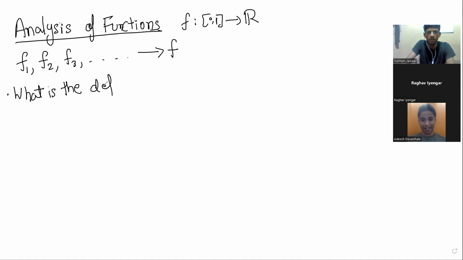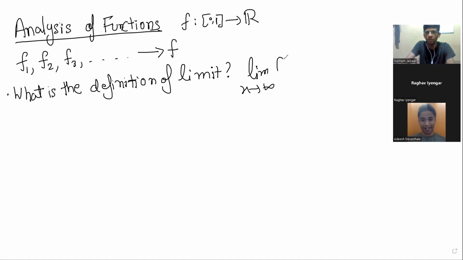Because we had two definitions, I think. Definition. Limit. Can anybody tell what it means to say that the limit of f_n(x) is equal to f?